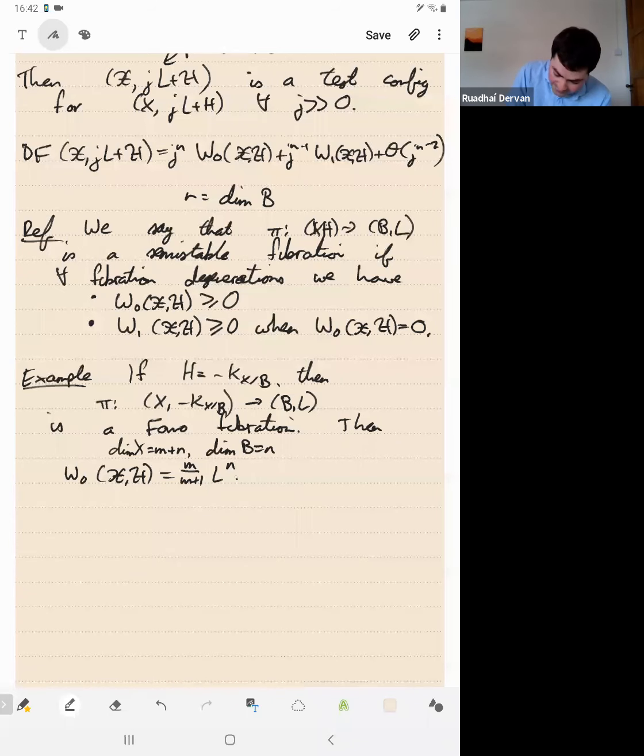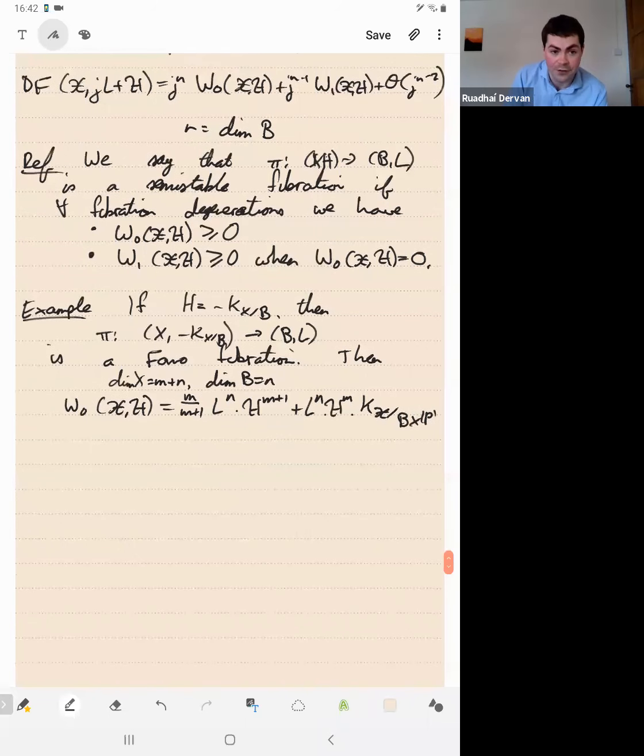So this is L^n · H^{m+1}, where L again is the pullback of L to curly X, plus L^n · H^m · (K_{X/B}) times B_1. Again, this is all computed on a natural compactification. So W0 you should think about as the Donaldson-Futaki invariant of the general fiber of the fibration.